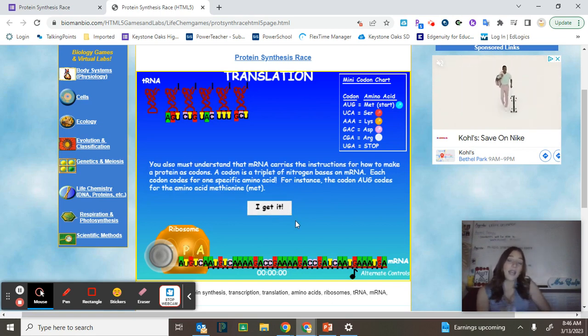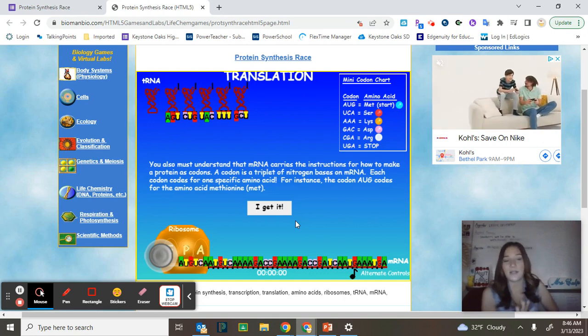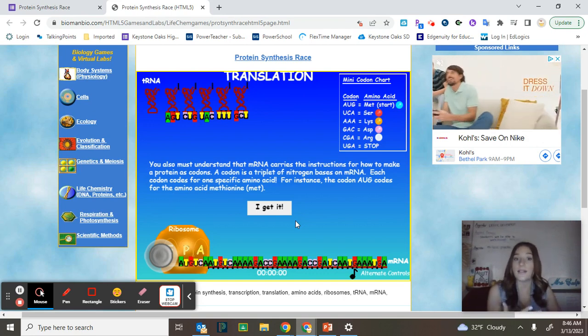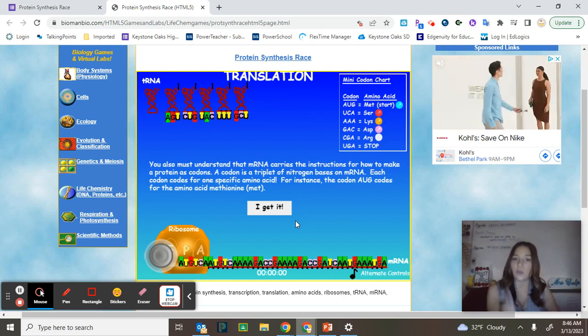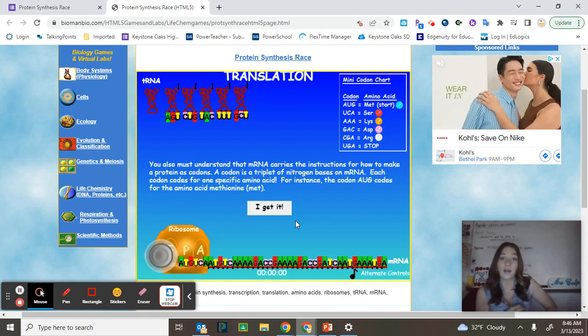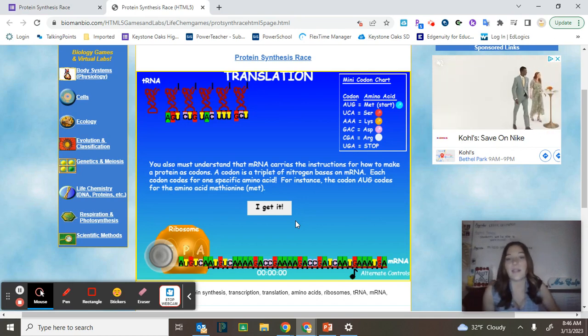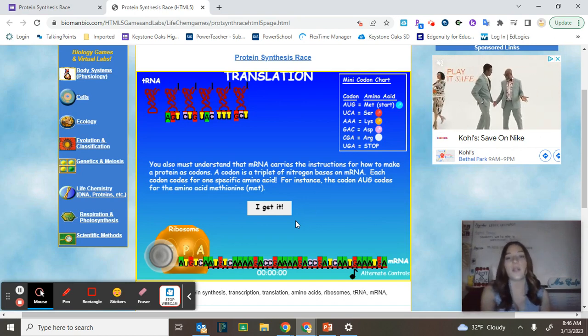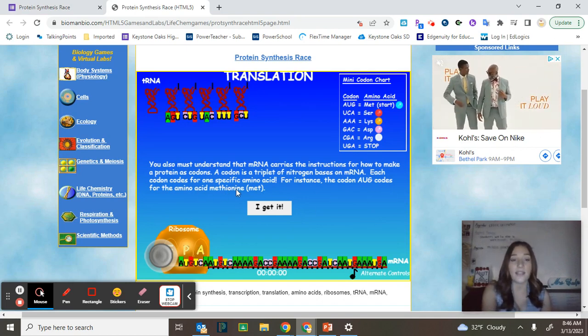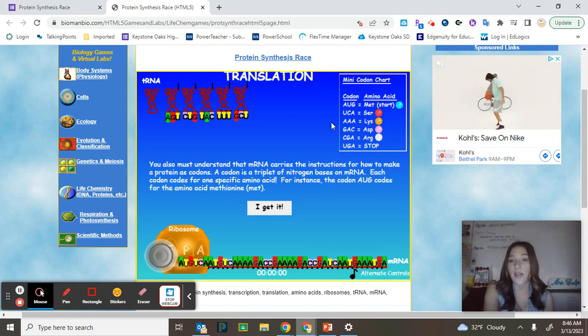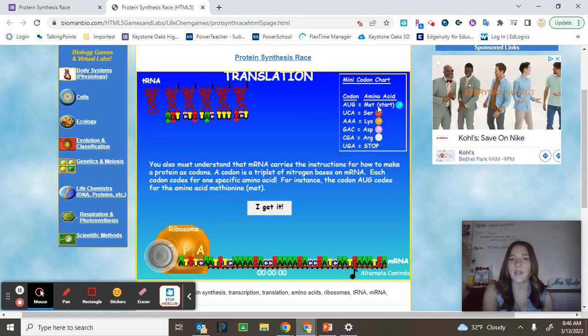So the mRNA is going to carry these instructions for us on how to make the protein, using codons. A codon is a triplet, meaning 3 nitrogen bases, 3 of those letters. And each codon codes for one specific amino acid. For example, the codon AUG codes for this amino acid called methionine, shortened as MET, and you can see that in this codon chart.